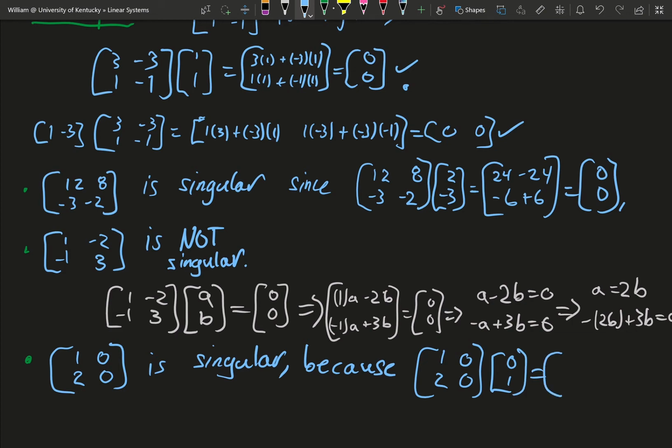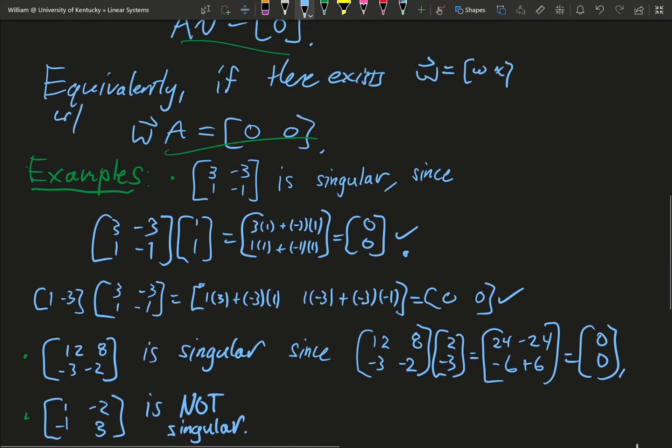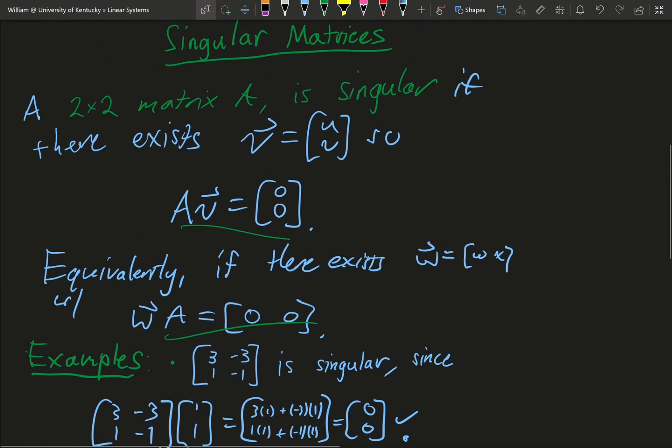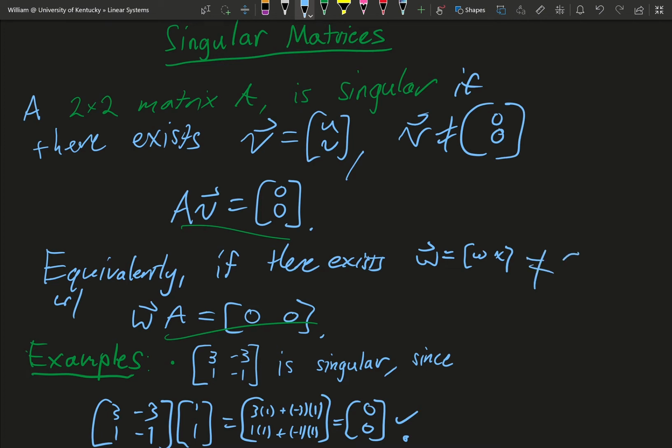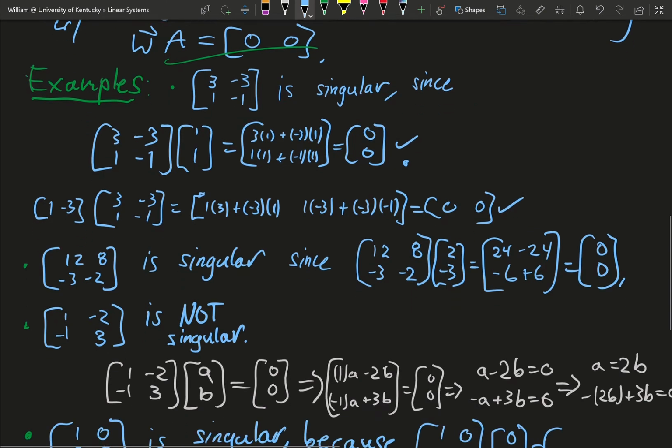And here I note that, in the definition, actually I forgot to write this. In the definition, you can always use a zero vector, but the definition requires that v is not the zero vector. Sorry, missed that.